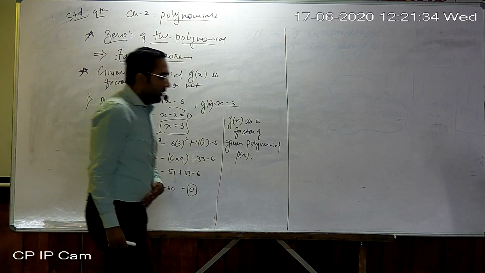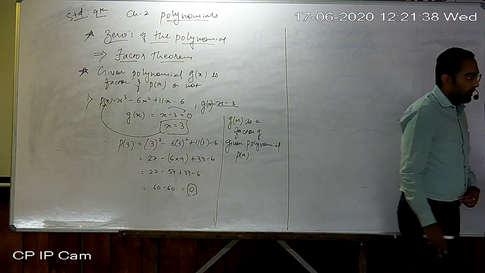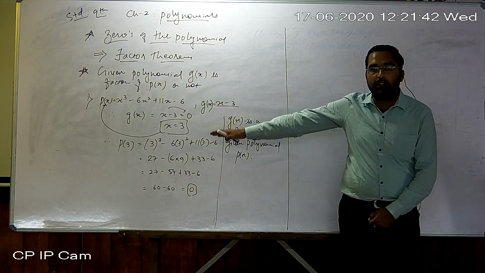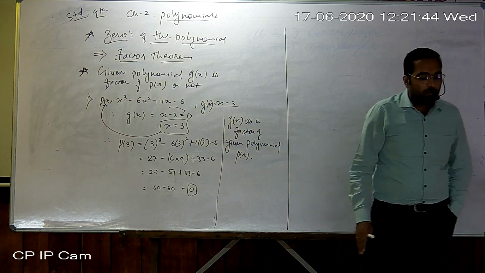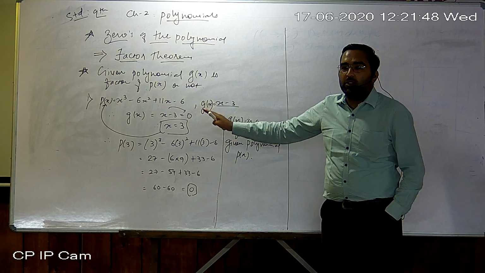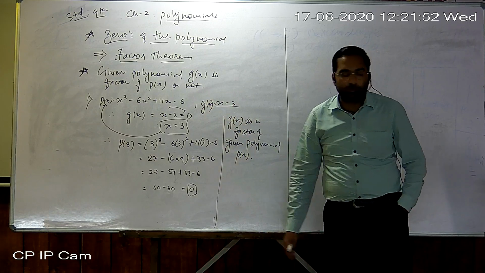Here the two conditions are: if the remainder is equal to 0, then the first polynomial is a factor of the second polynomial, and if the first polynomial is a factor of the second polynomial, then the remainder must be 0.